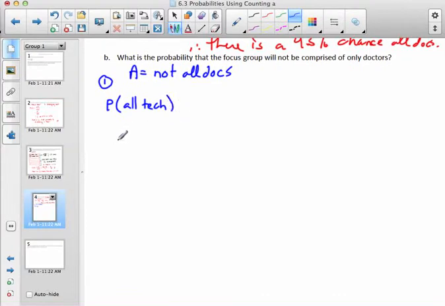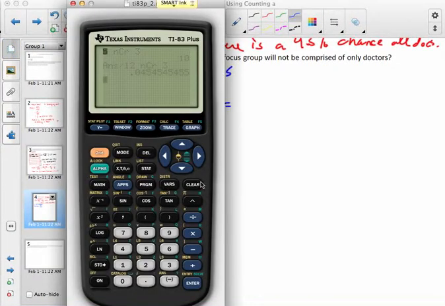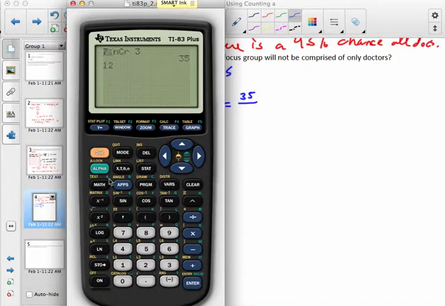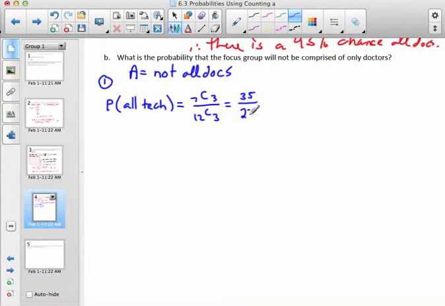All techs, and that would equal, well, there's 7 technicians, and if they're all techs, then we're choosing 3 of them, divided by 12 choose 3. And what does that simplify to? Well, 7 choose 3 is 35, divided by 12 choose 3, and that's 220.